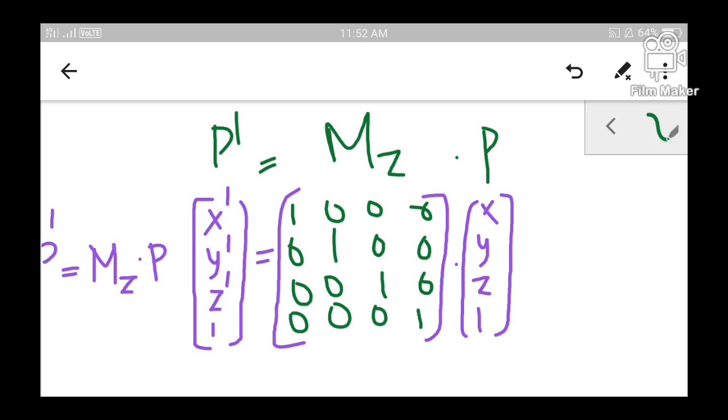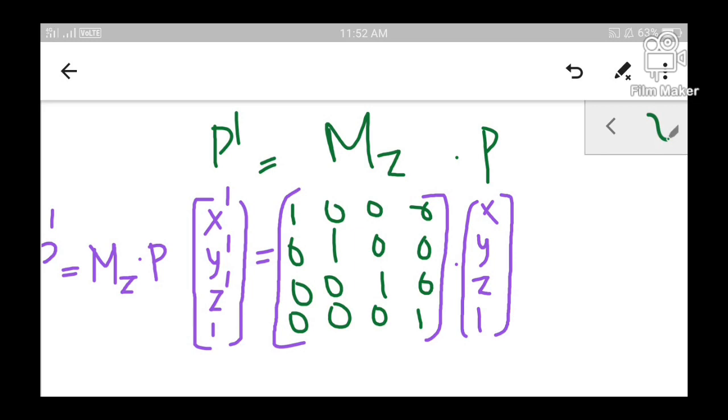So I have written a square unit matrix such that when the first row is multiplied to matrix P, you will get x dash, when second row of mz is multiplied to p, you will get value of y dash.